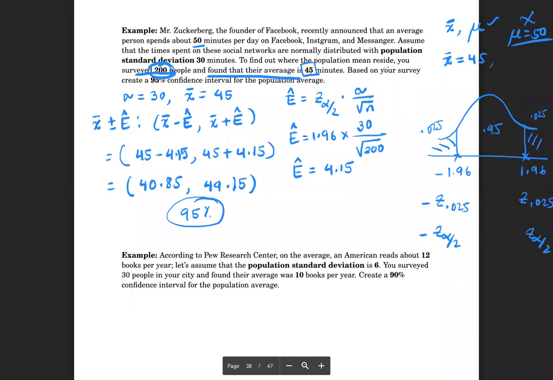Is 50 in that range? Is 50 included here? The answer is no. So you'd probably say, based on my calculation, I don't agree with Mr. Zuckerberg's numbers. This is just trying to say things in a regular way, in ordinary people's language, but I could even make it simpler.